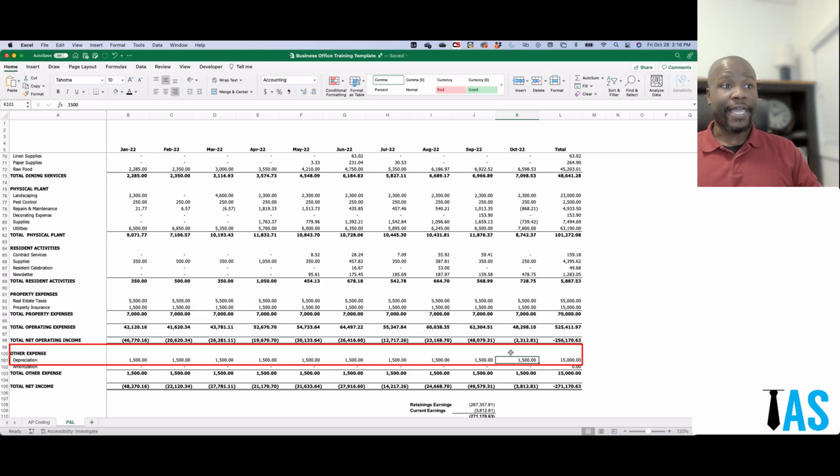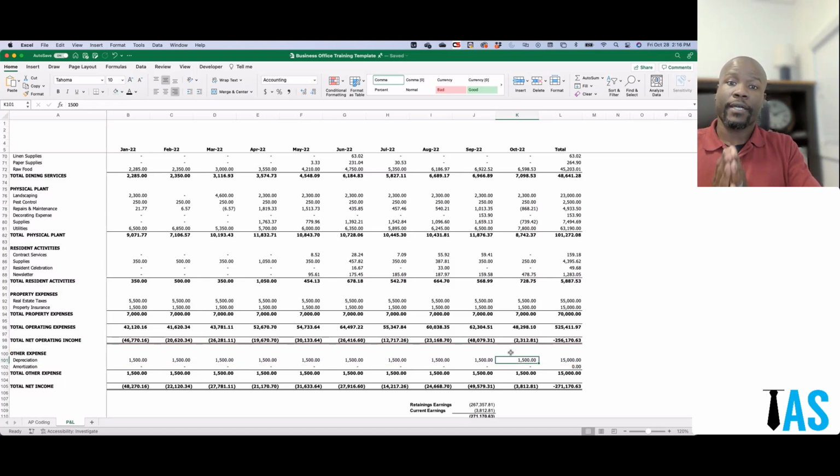So that's how the capital expenditures that we purchase don't go directly to the P&L. They have to go to the balance sheet first, and then if it meets the criteria as a fixed asset, the accounting team typically would make an adjustment to show that in the P&L.